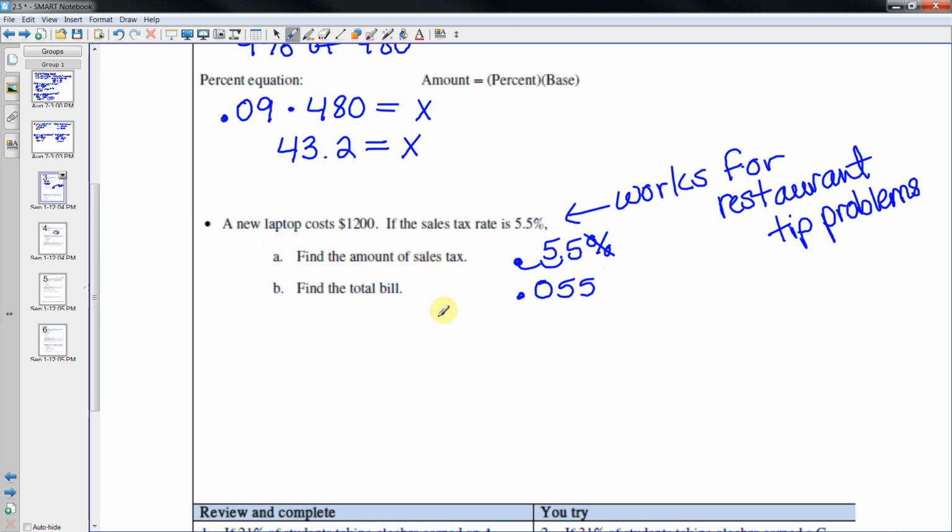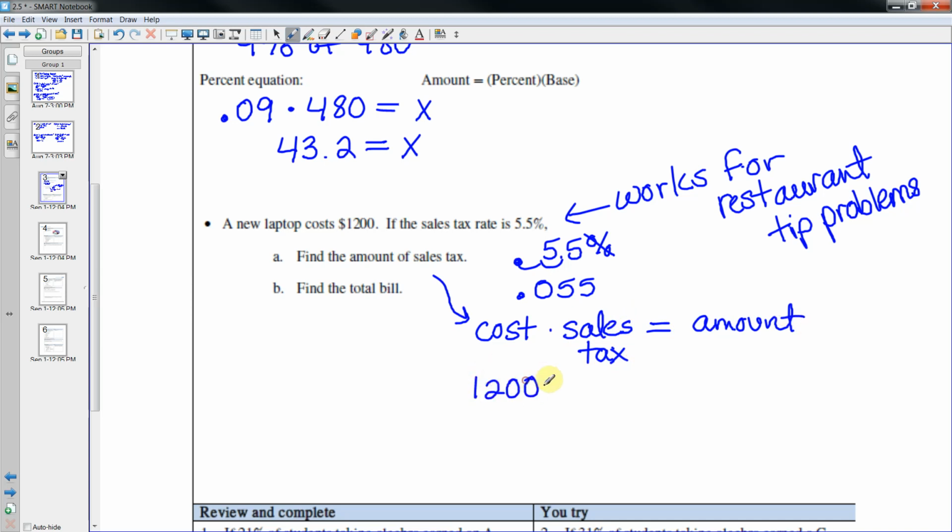Now to find my sales tax, I need to take my cost of my item times my sales tax. Okay, that will give me my amount. So I'm going to take $1,200 times my 0.055. That tells me how much sales tax I'm paying. And so when I multiply that out, I get $66. So I'm going to pay $66 in tax.